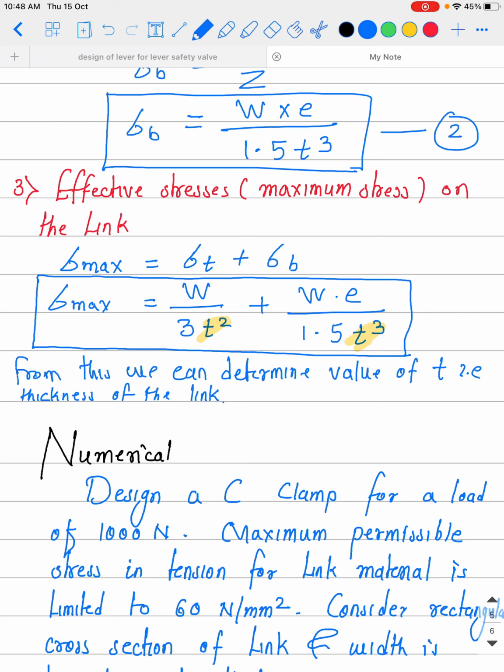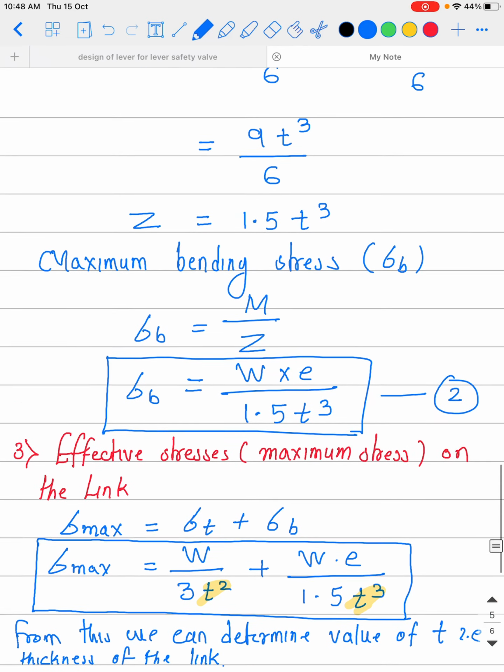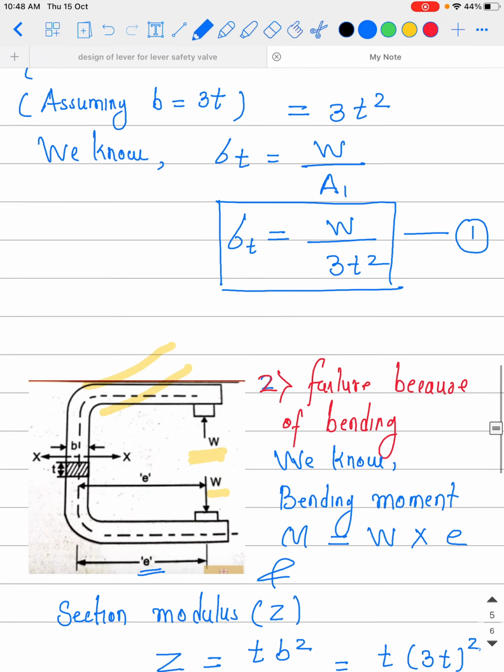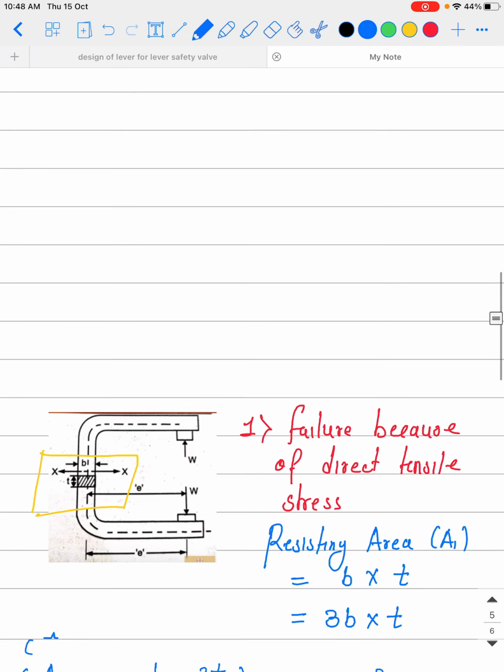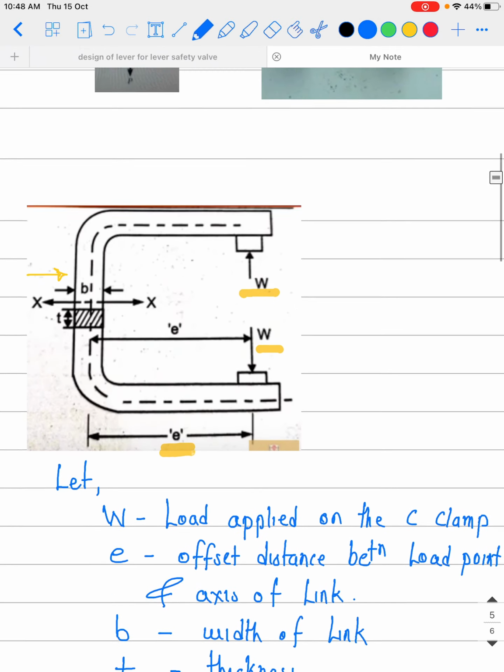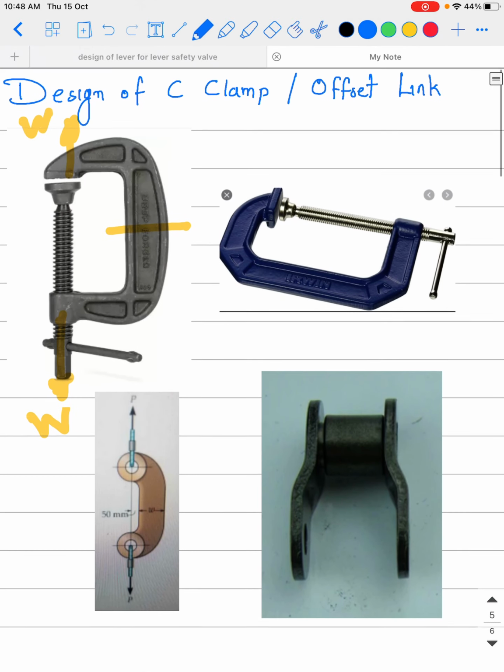If we get the thickness, we know the relation between the thickness and the width, that is width is equal to 3T, and that's why we can find out the value of width also. And in this way we completed the design of the C clamp, or the same procedure may be adopted for the offset link also.